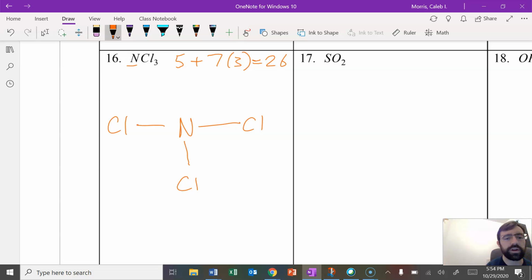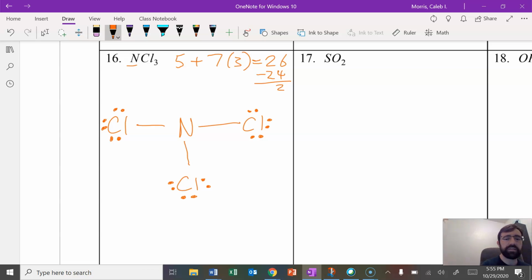And we're going to start with our outer atoms, which is chlorine. So 2, 4, 6, 8, 10, 12, 14, 16, 18, 20, 22, 24, which leaves us only 2 left.